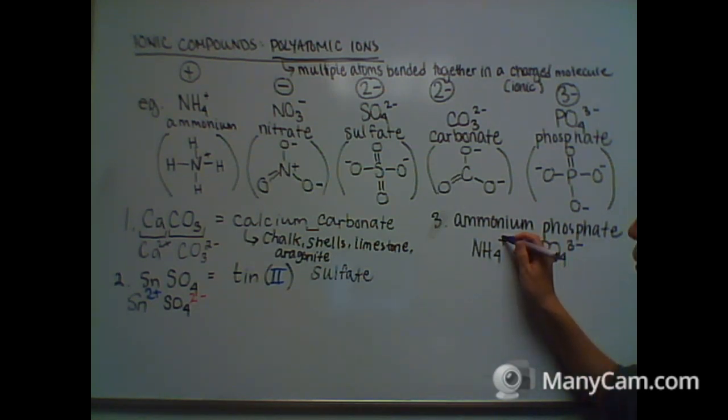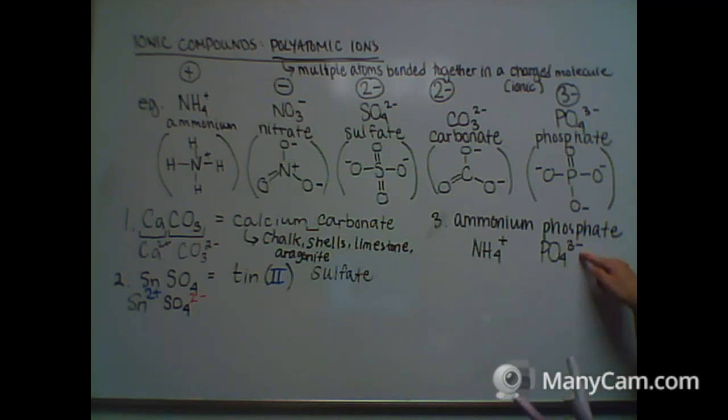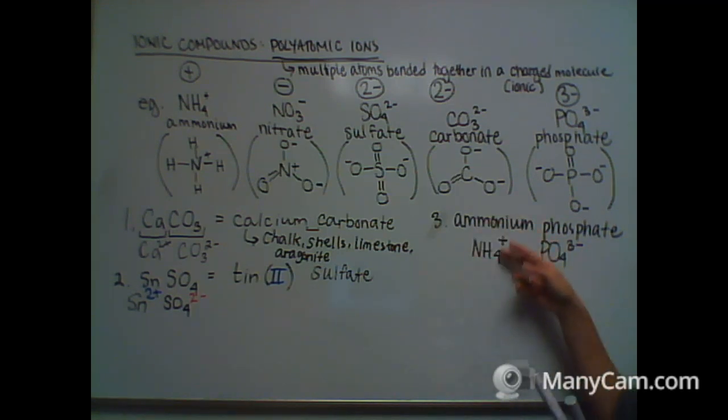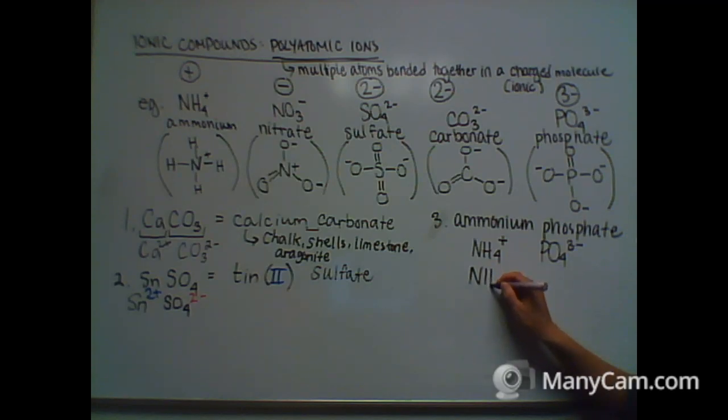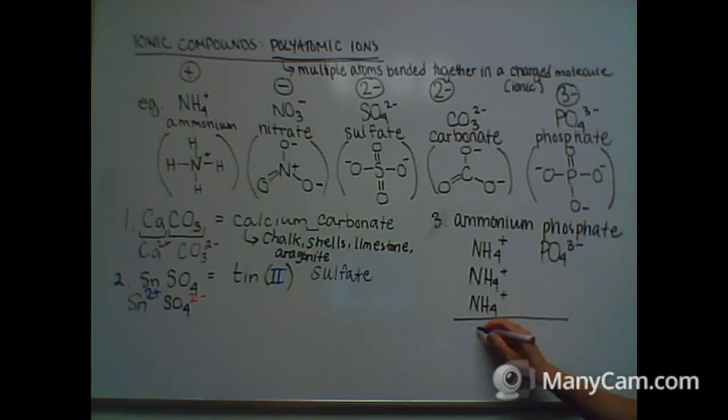Working like we have before in the previous lectures, let's figure out how many of each ion are needed in the formula to cancel out the charges. Well, we've got a 3- here and a 1+ here. So how many ammoniums are needed to cancel out the 3- charge on the phosphate? Right, 3 total are needed. So this overall positive charge is 3+, and this negative charge is 3-, right?